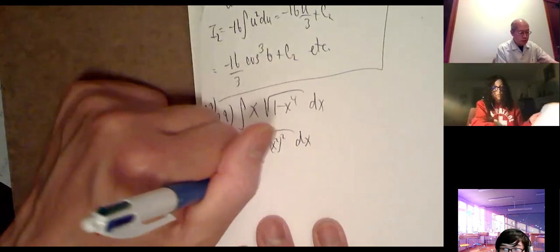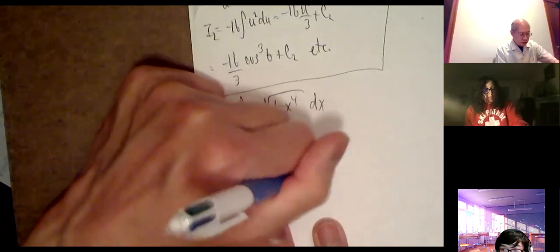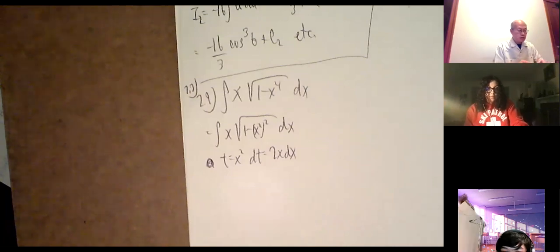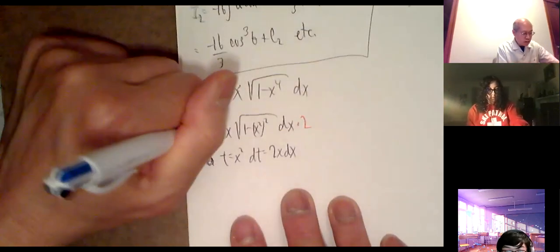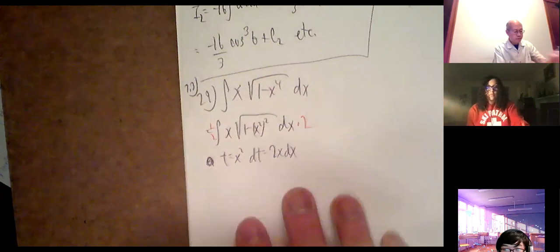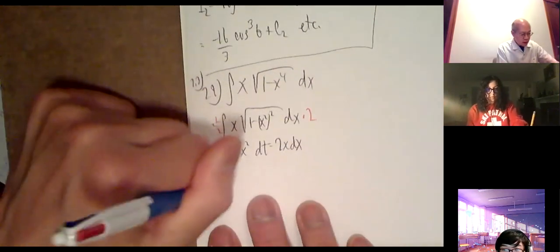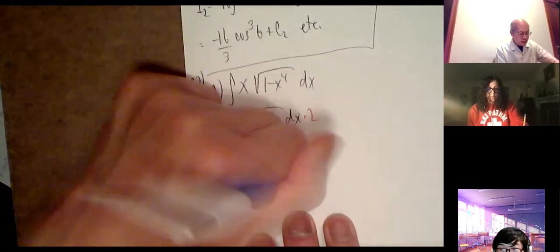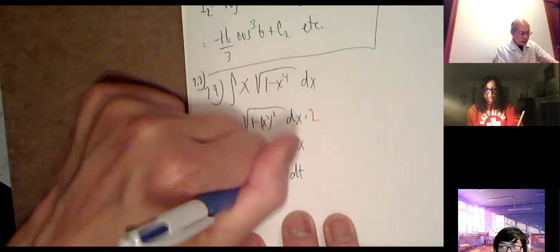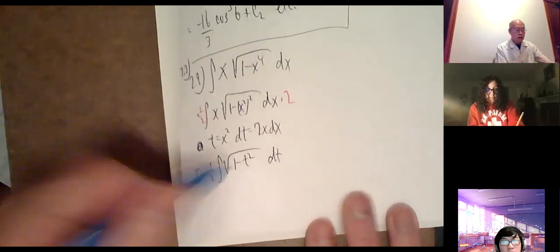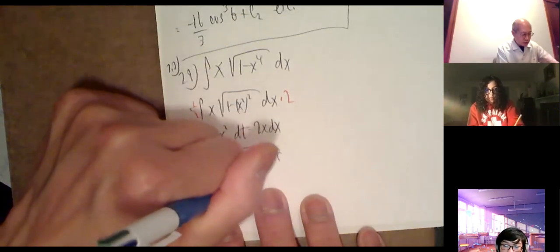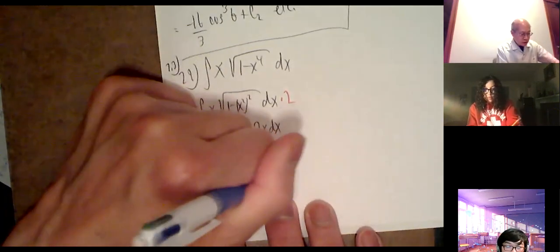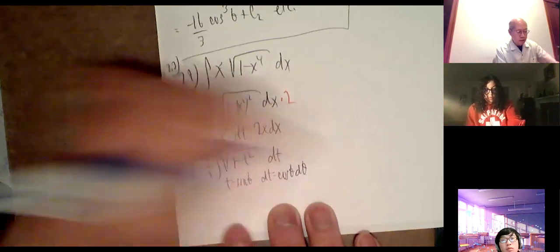How about I call it t? t equals x squared. dt is 2x dx. So multiply by 2 here, 1/2 here. So I is 1/2. So 2x dx is now dt, radical 1 minus t squared. All right, so t equals sine theta, dt equals cosine theta d theta.